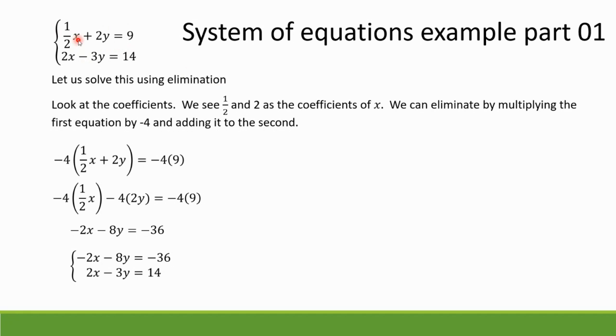You can almost imagine it this way: if we just had 1/2 x and 2x, and you wanted to add to get 0, if we multiply the first by -4, this will become -2, and then if we add, x would go away.